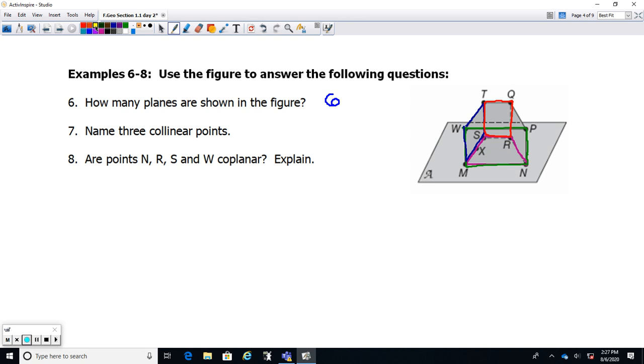On the right over here, I have the 5th one. And then the last one, all these different colors and lines, but the last one is this one on top, the T, W, P, Q on top. So there's the total 6.